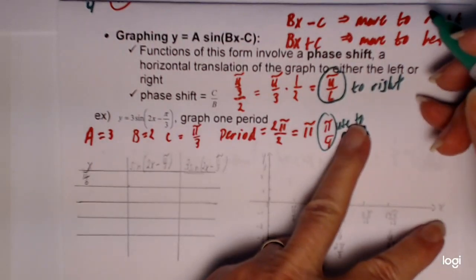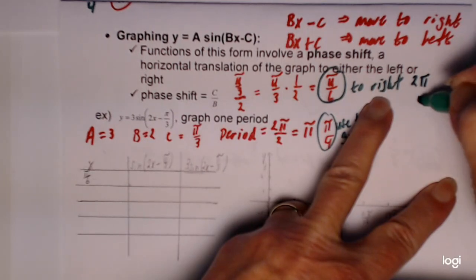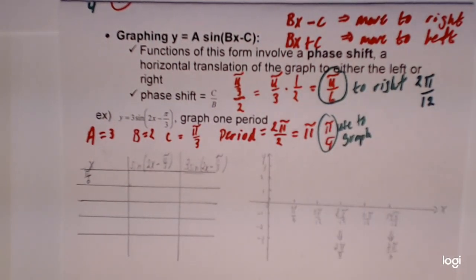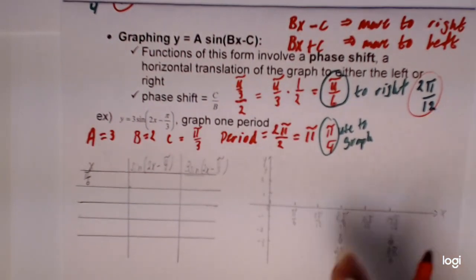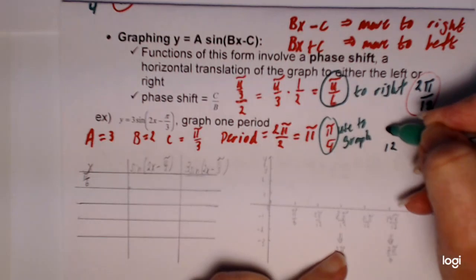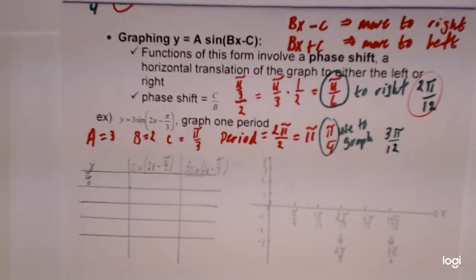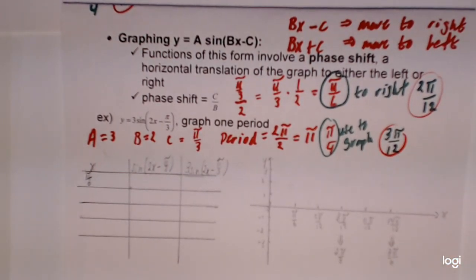So let's call this pi over 6 2 pi over 12. Same meaning, but it'll be easier to add. And then this pi over 4, using a denominator of 12, is going to be 3 pi over 12. Again, same equivalent information, but it'll be much easier to add when our denominators are the same.